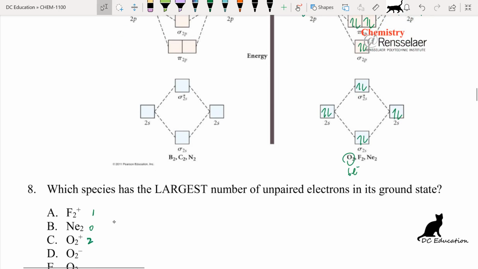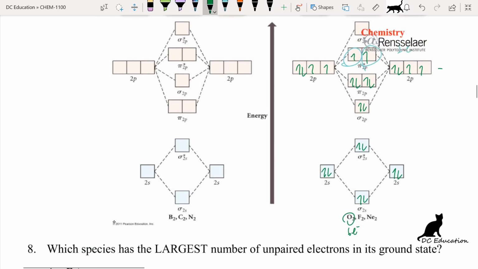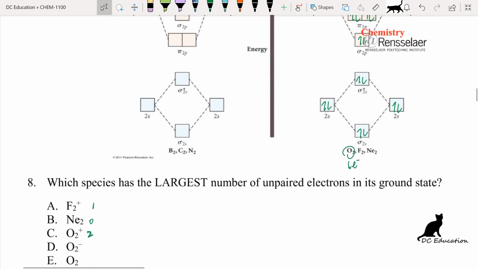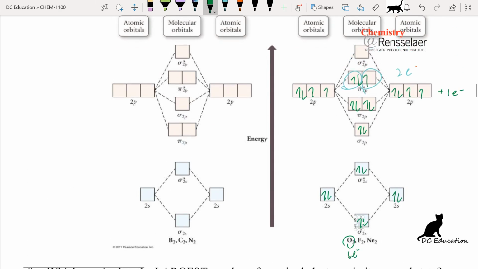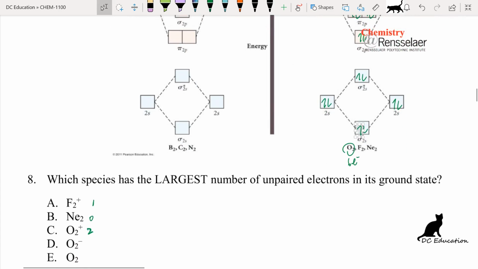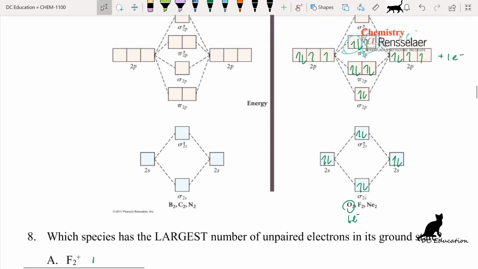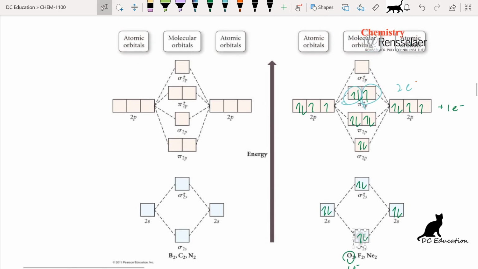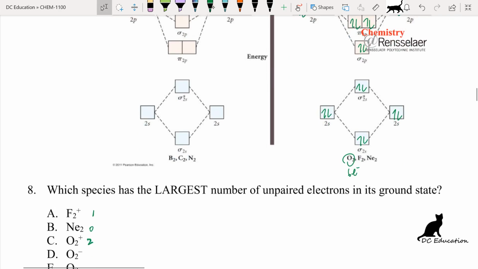And this one is oxygen plus, so we remove 1 electron from the oxygen we just did. Let's remove it from the right side at this moment. We can only fill up this part, which leaves 1 unpaired electron. So it's just a 1 for question D.